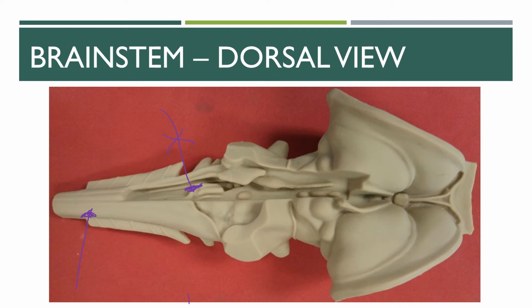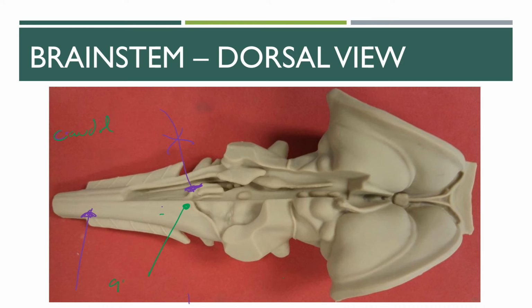As we look at this, we are going to begin again from the caudal standpoint, and move through the cranial portion of this model. We begin down in the caudal section, and we can see a raised area right here.